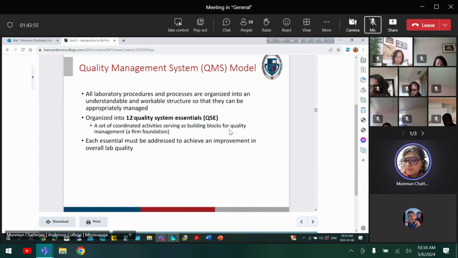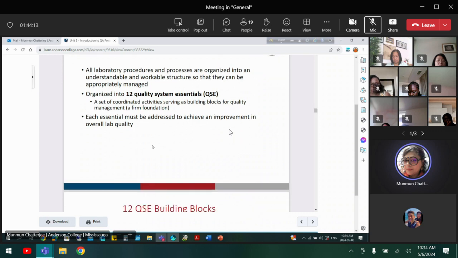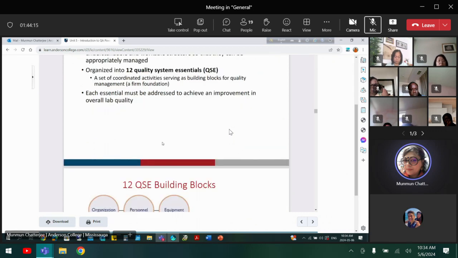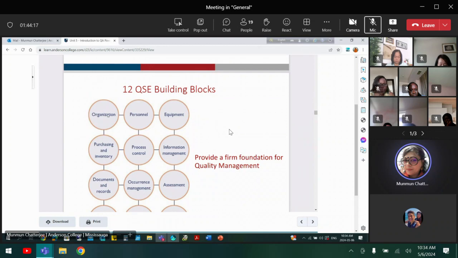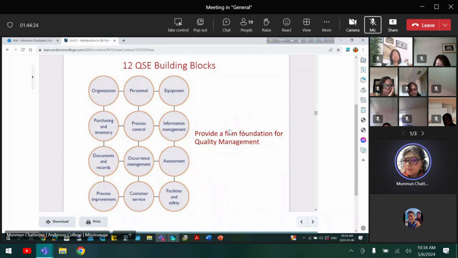They are organized into 12 quality system essentials, QSE, a set of coordinated activities serving as building blocks for quality management, which makes a firm foundation. Each essential must be addressed to achieve an improvement in overall lab quality. What are those? Organization, personnel, equipment, everything goes under the quality management. As I told, equipment is not working.